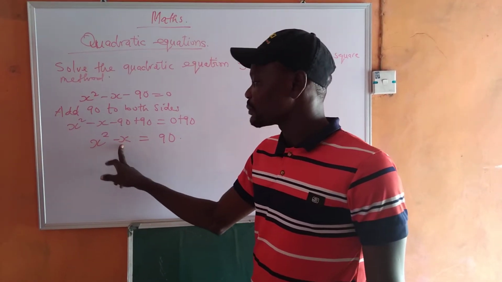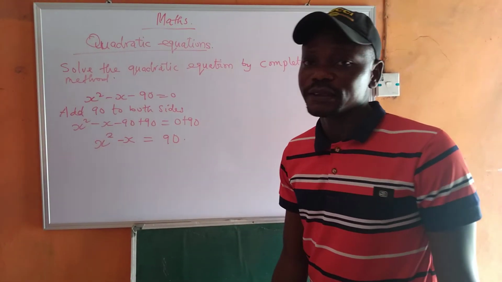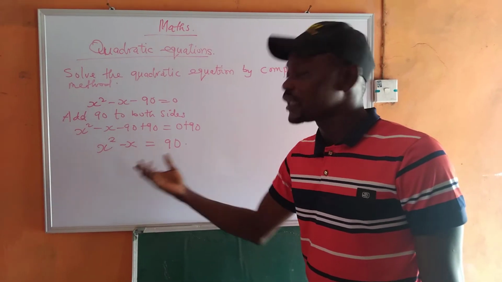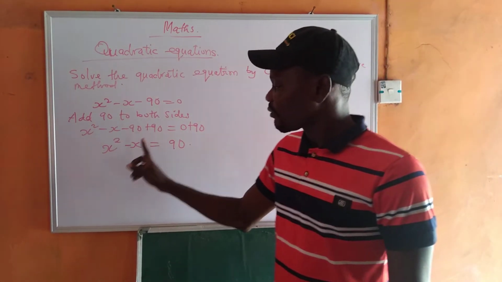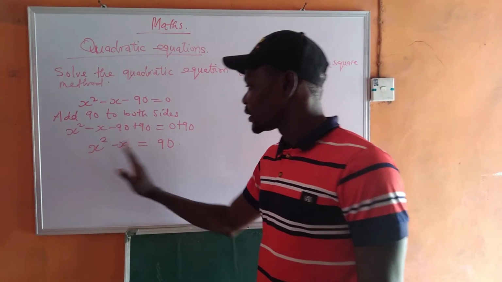Now, if you look at this place, what's our coefficient of x here? The coefficient of x here is 1. So we're going to say half of 1 squared, we add it to these two sides.